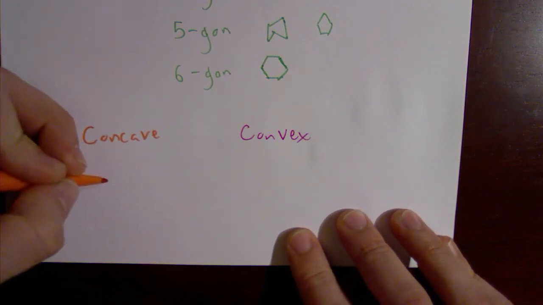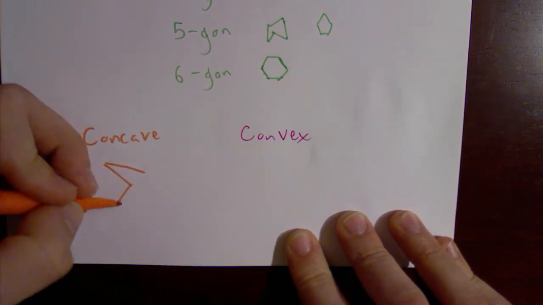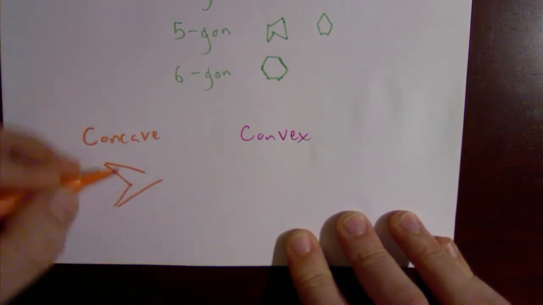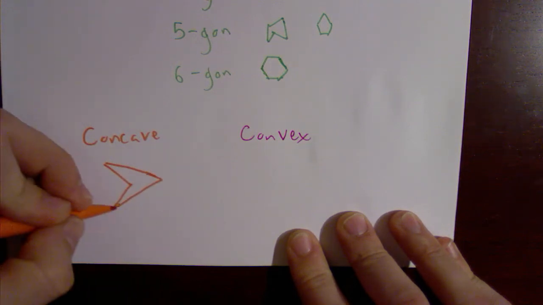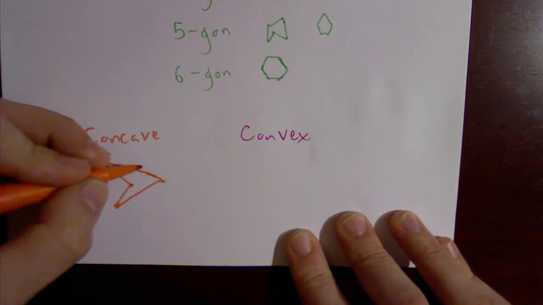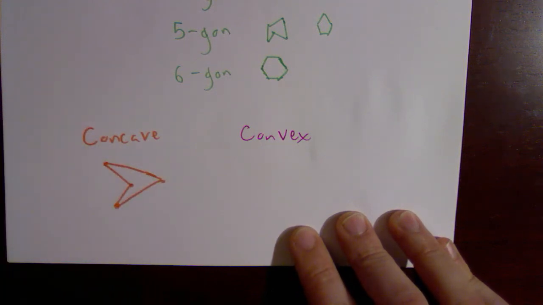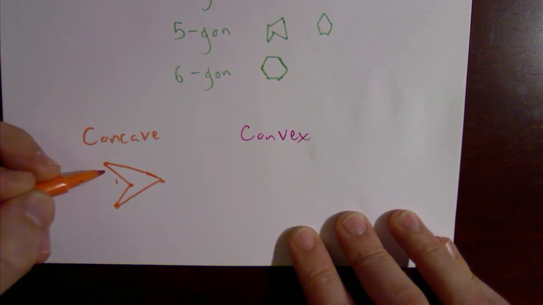So if I had something like this, let me extend that line a little bit. It is a polygon. They intersect only at endpoints. Each line hits only 2 other lines, and they're line segments. But right here, if it was raining, I could go under this block right here, and I wouldn't get hit by it. I'm hanging out in this cave.